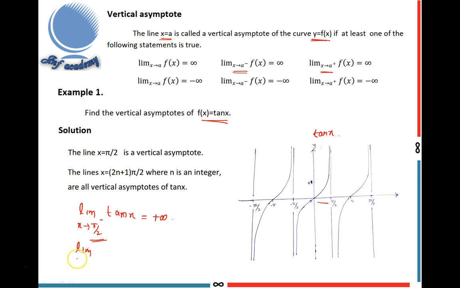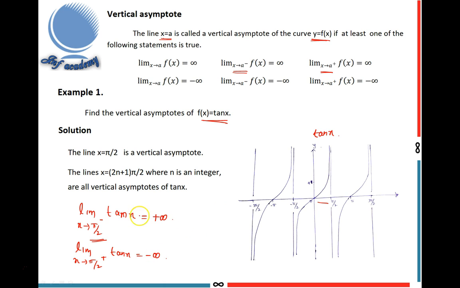Similarly, limit x tends to pi by 2 plus of tan x equal to minus infinity. The right hand limit is minus infinity. That is, as x approaches pi by 2 from the right, the value of tan x approaches minus infinity.